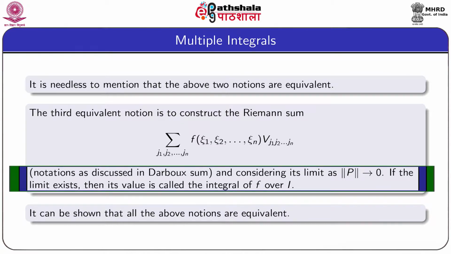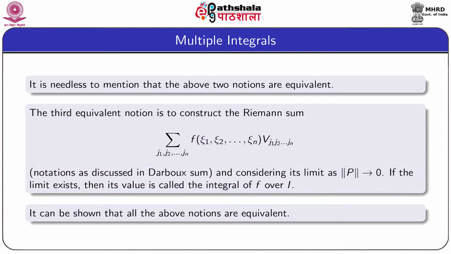Notations are as discussed in the Darboux sum, and we consider the limit of this sum as norm of P tends to 0. If the limit exists, then its value is called the integral of f over I. It can be shown that this notion is equivalent to those we discussed earlier.